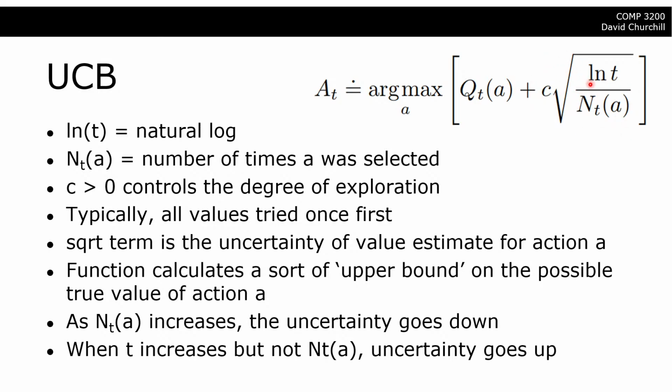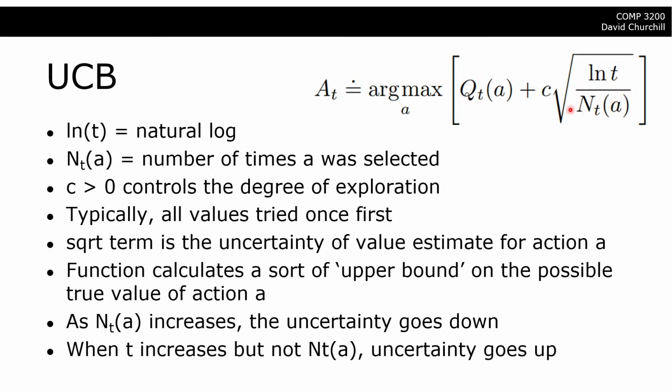This is a measure of uncertainty. But as we pull other things more and more and more, relatively, our uncertainty about this action goes up, right? So if we have pulled this slot machine 10 times and we've made 20 total pulls, relative to other things, I'm quite certain about this one, about this A.